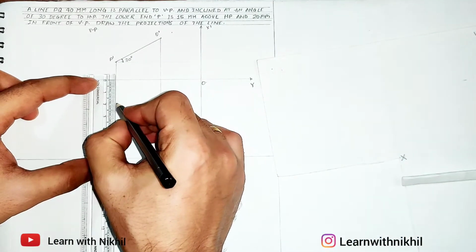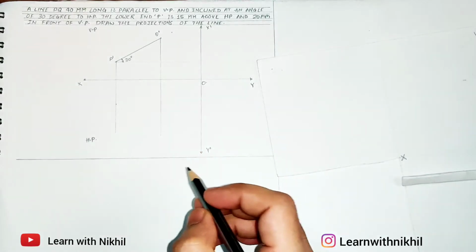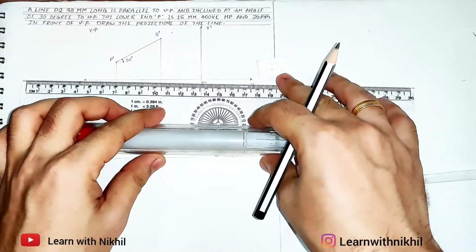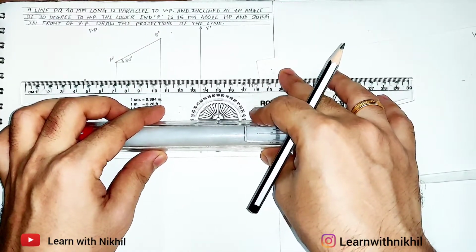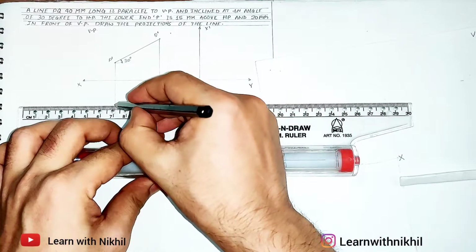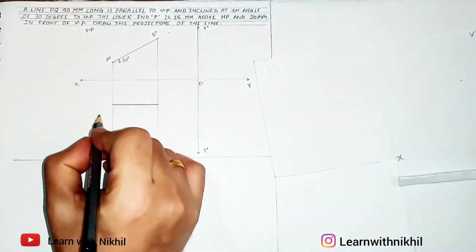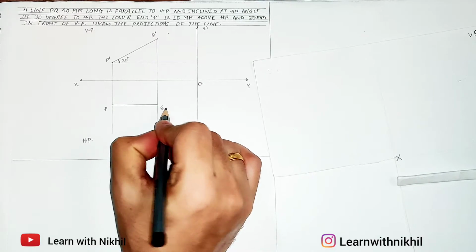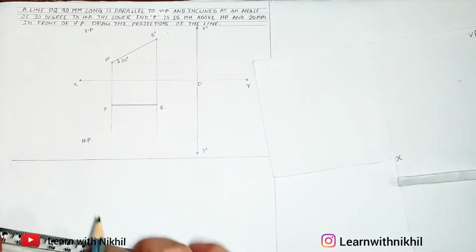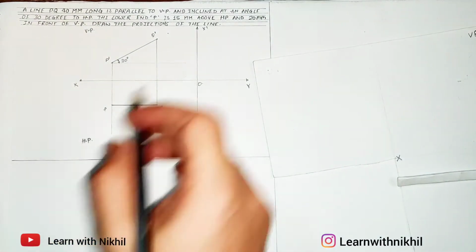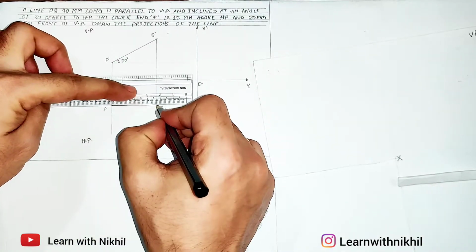So first we'll mark a point 20 below. We'll draw a parallel line. As you see, the length is smaller than the actual length of the line as it is slanted. So slanted from the top view looks small, and this length is also called the plan length.